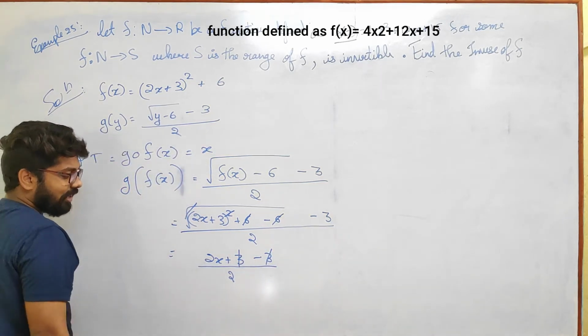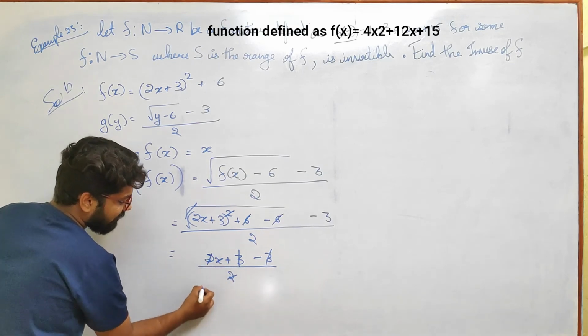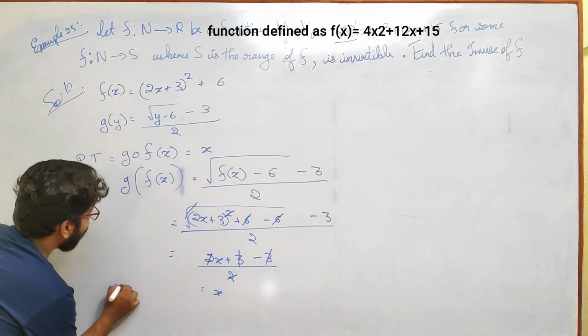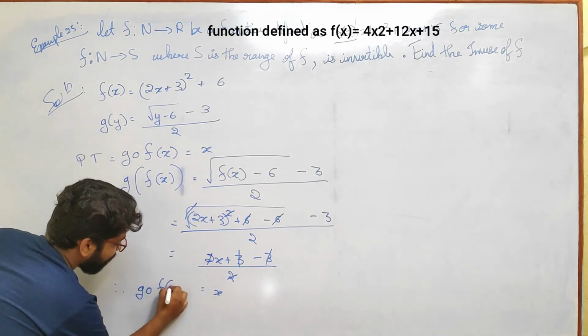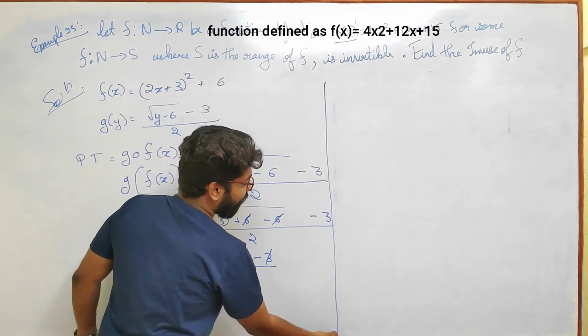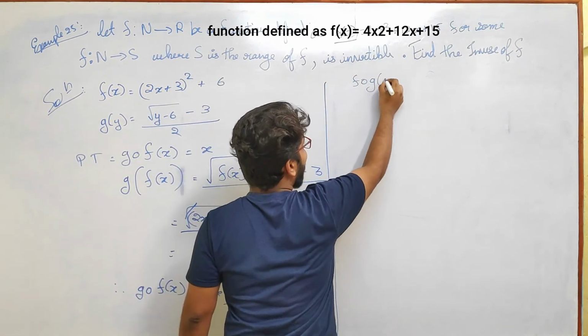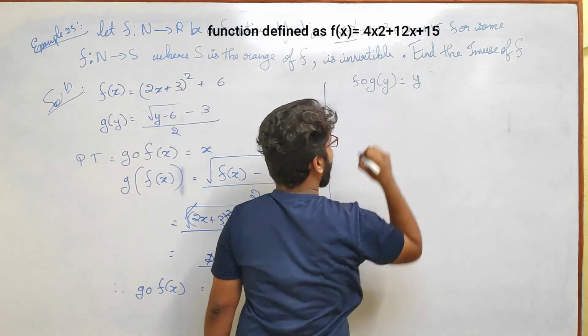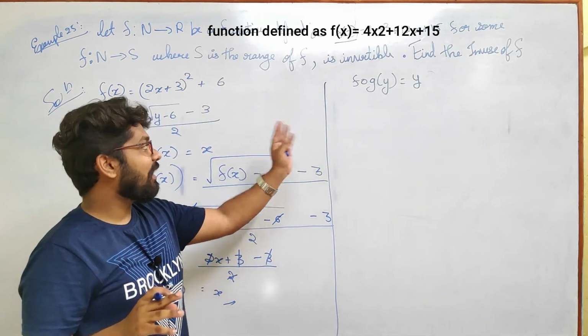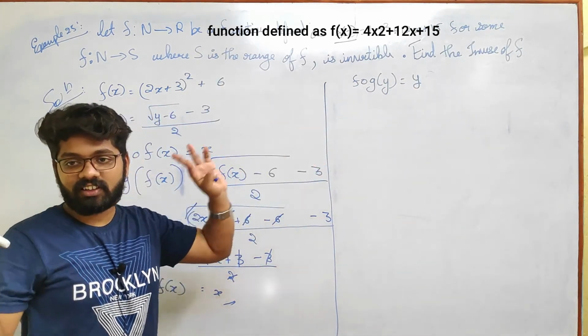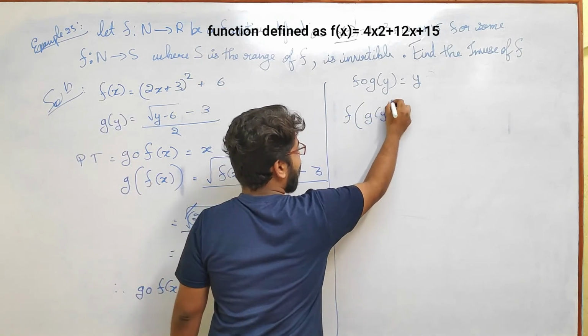Minus 3 plus 3 cancel. 2 and 2 get cancelled. x. Therefore g of f of x, what did I prove it as? x. Now what we are going to prove? f of g of y is equals to y. Actually the pronouncing is f circle g of y. Okay, f of g of y will happen.